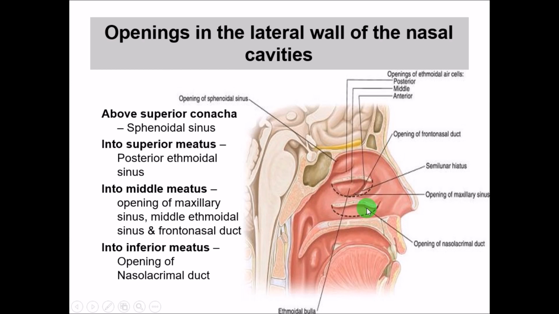So there is one opening in the inferior meatus, one opening in the superior meatus, one opening above the superior meatus, but there are three important openings into the middle meatus. That you should remember. Three or four also sometimes, even the anterior one, which even though it is an anterior opening, is still considered part of the middle meatus. So all these are the openings within the lateral wall of the nasal cavity.